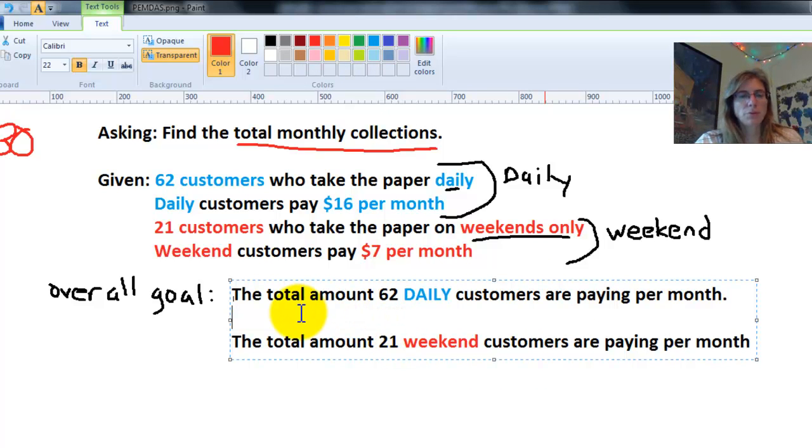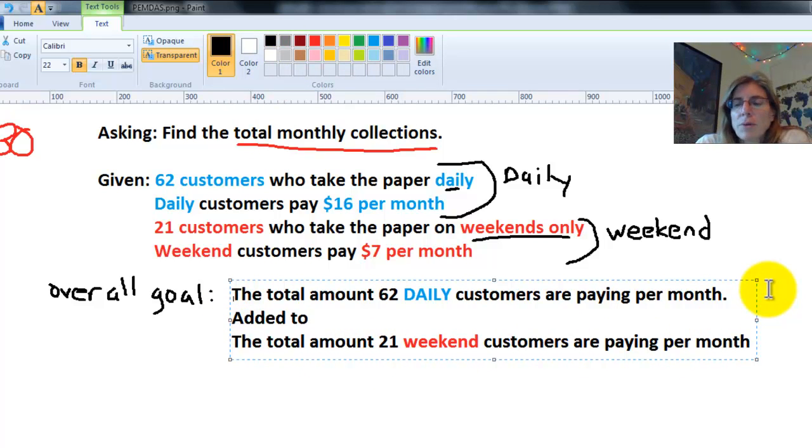So the last step in our problem is going to be an addition problem. But we have to determine the total amount 62 customers are paying per month as one step, and then the total amount 21 weekend customers are paying per month.